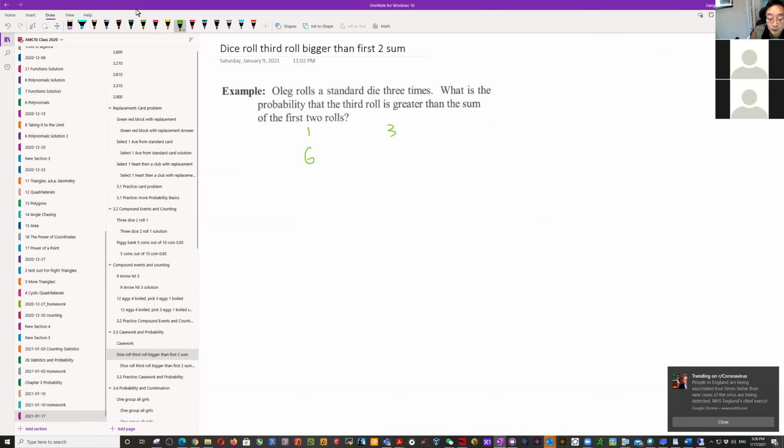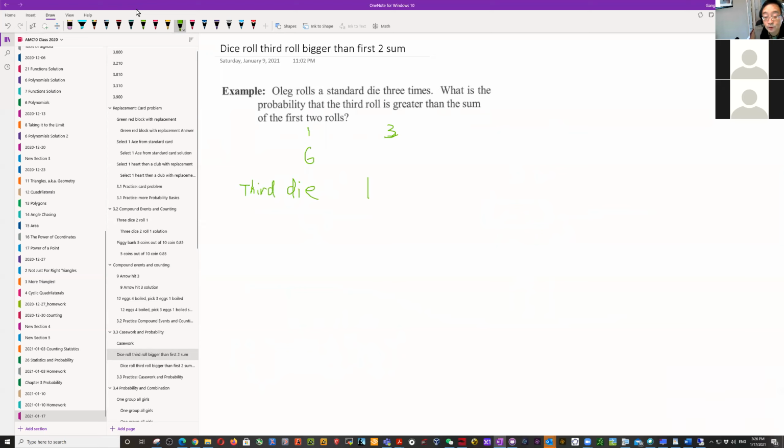For example, the third die. The third die if it's equal to 1, there's no way that it will happen. So the count is 0. And third die, if I roll 2, it's still going to be 0 because it's saying that the third roll is greater than the sum of the first two rolls. The first two, the minimum number is 1 plus 1.